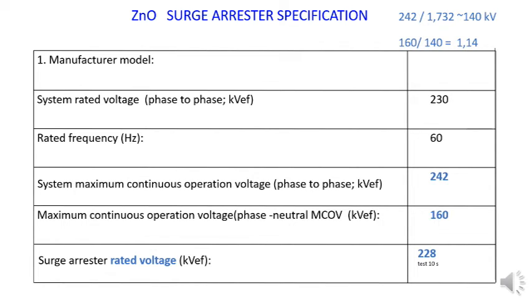But the maximum continuous operating voltage phase to neutral of this surge arrestor will be 106 kV. That is a value which is higher than the maximum phase to ground voltage that may appear in the system, which in this case is 140 kV.